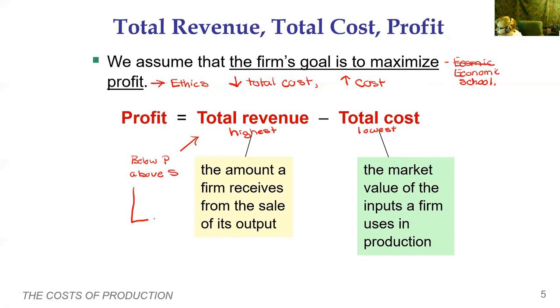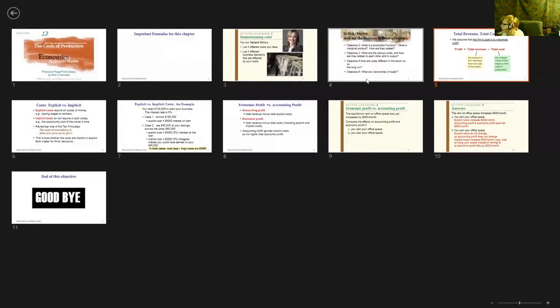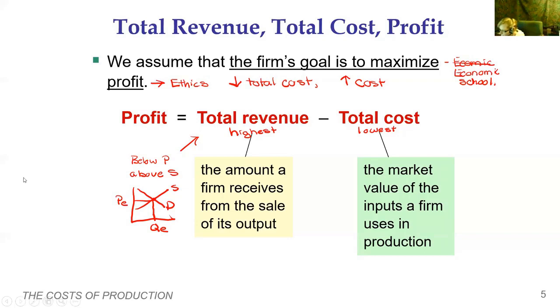And again, just kind of looking at it again, if we have a demand curve here and a supply curve here, this is our price equilibrium. Here's our quantity equilibrium. And if we want to look at the profitability, we're looking at this area right here.